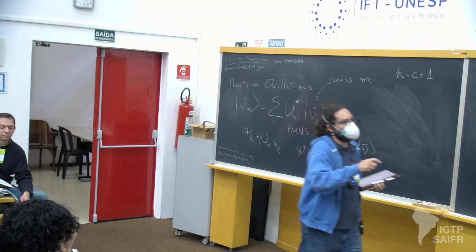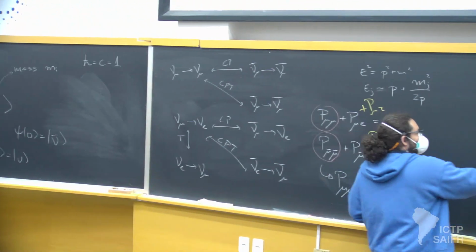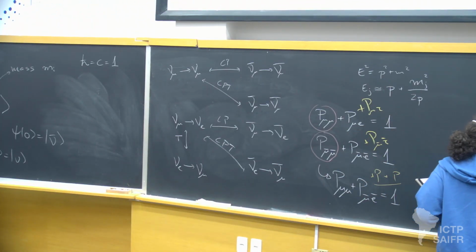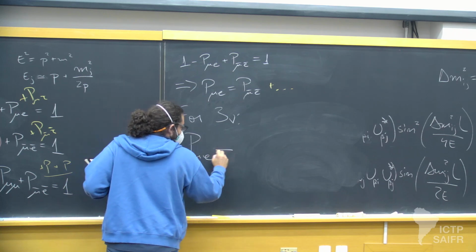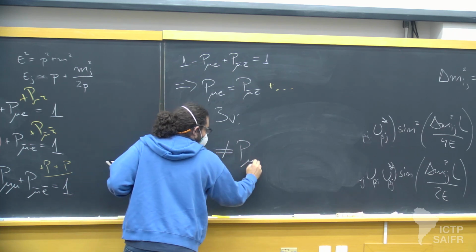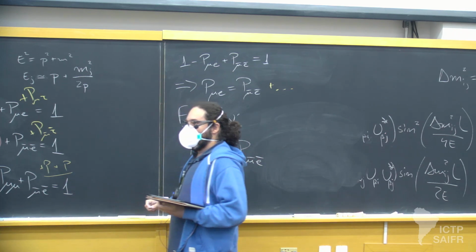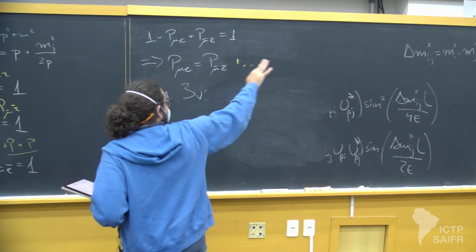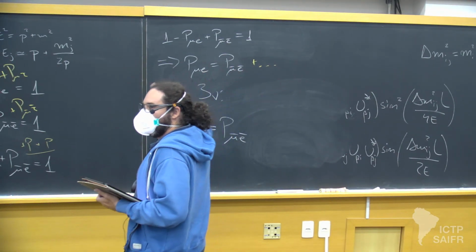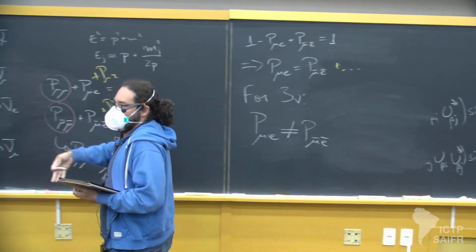For three neutrinos, and I'll write so we are very clear, P mu E in general is different from P mu bar E bar. They could be the same if there is no CP violation, which you need to put in by hand, right?